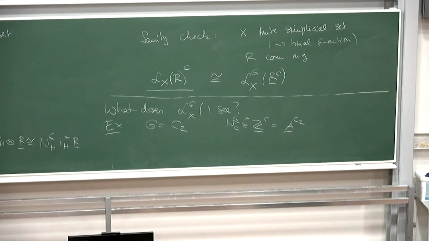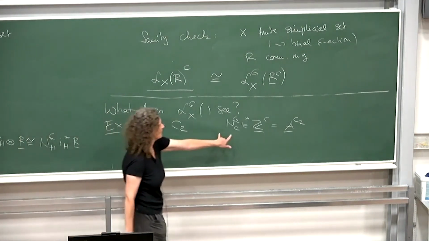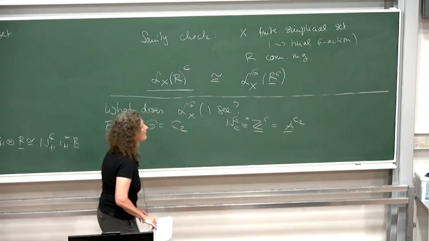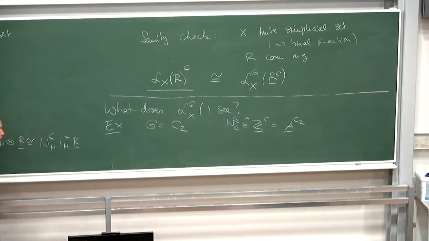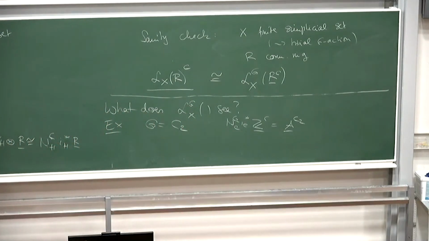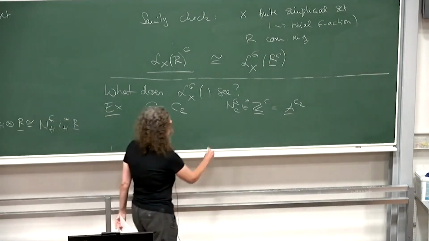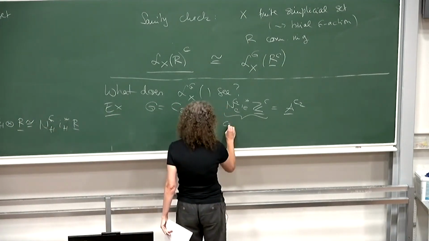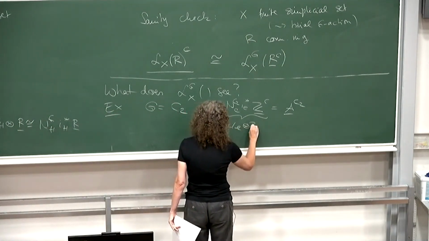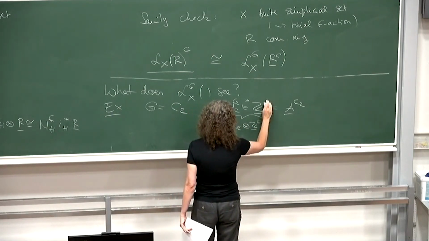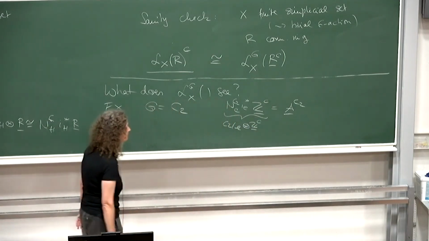This also has an explicit nice formula, but I don't really need this. It's just that initial objects go to initial objects because that's the left adjoint here. So what does this say? This is also the value of the free orbit if I tensor the free orbit with a constant Tambara functor on the integers.